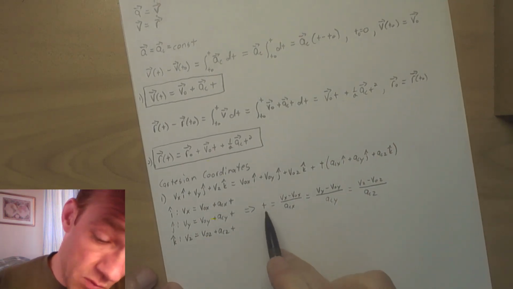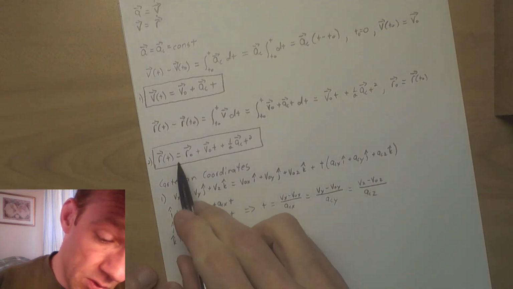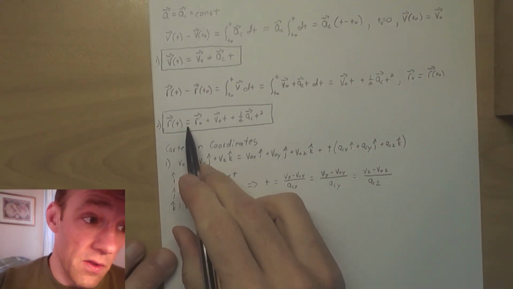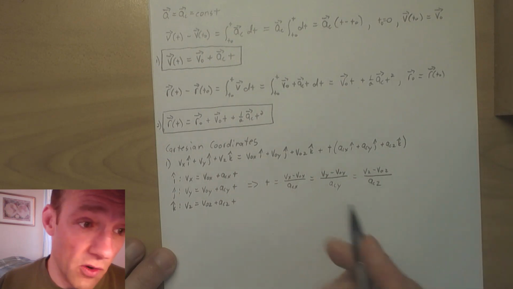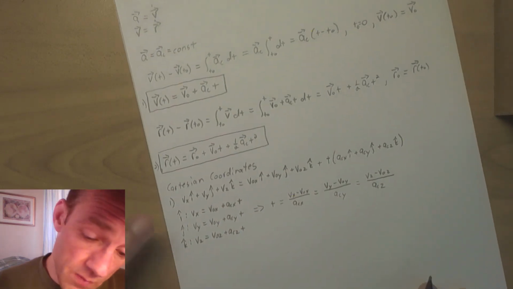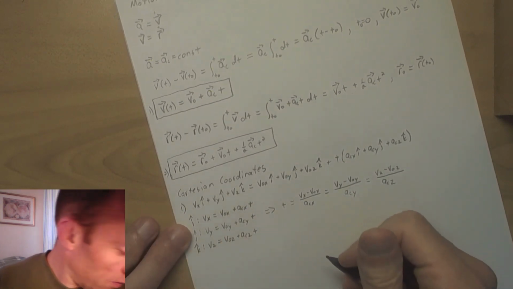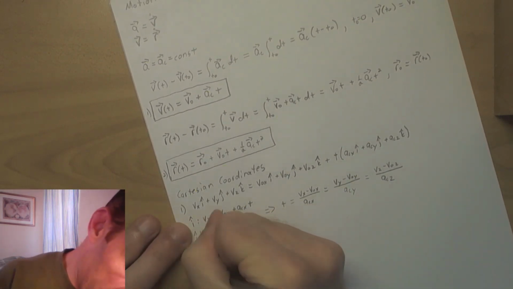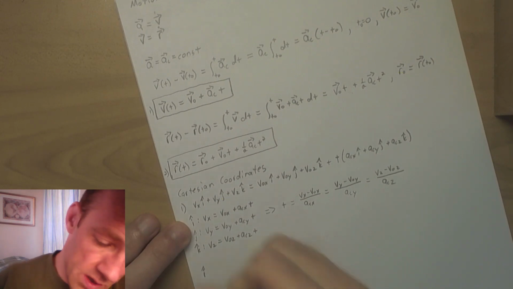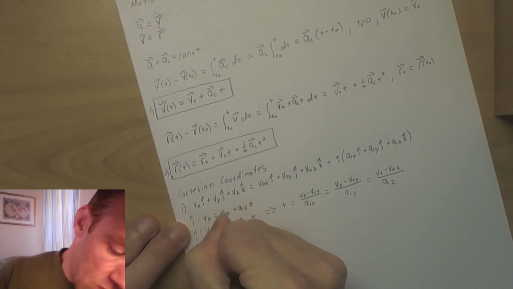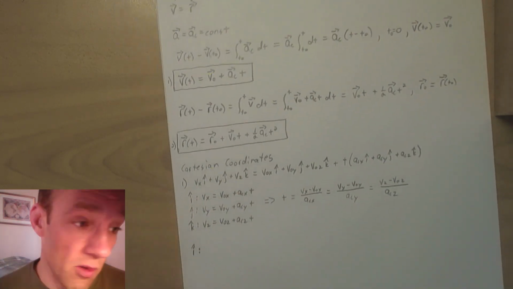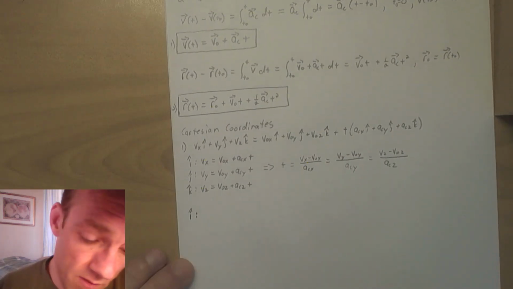And then I can take this definition of time, plug it into this, and I can eliminate time from the equation altogether. I'm only going to do this for the x coordinate, and then it's pretty simple to verify this for the y. It's the exact same procedure, but we can do the same thing for the y and z coordinates.